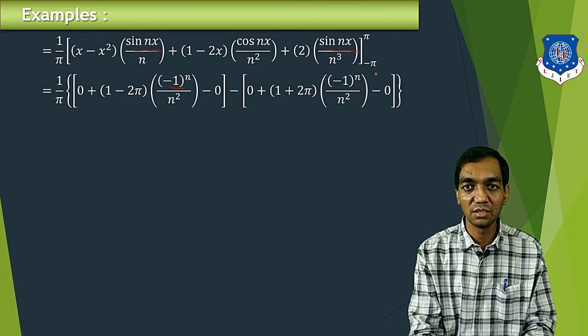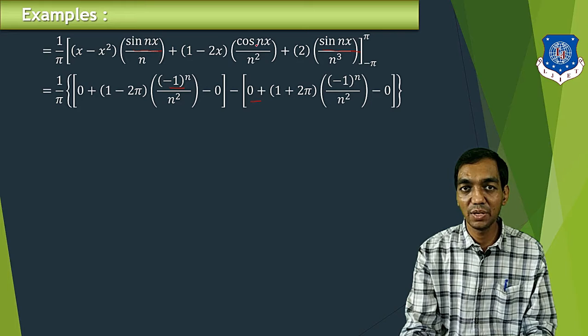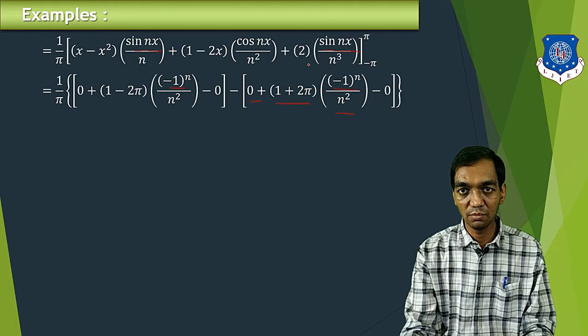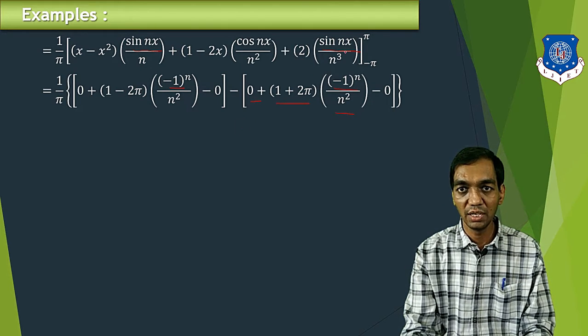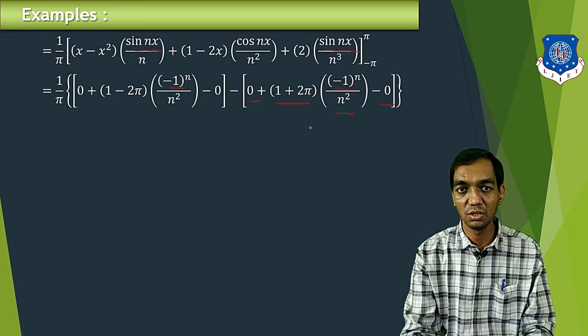Minus the lower limit: sine of minus n pi will again be 0, plus minus, cos of minus n pi will be cos n pi, because cos of minus theta is cos theta, and that has a value minus 1 raised to n. So you will have 1 minus minus plus 2 pi into minus 1 raised to n upon n square, plus 2 into sine of minus n pi, but it has a value 0.